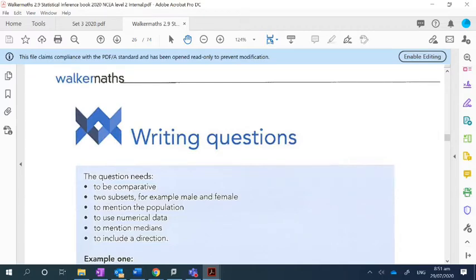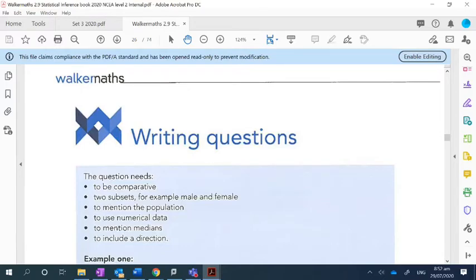Is that a number? Yes, that's a numerical comparison, right? You could use height. Why? Because it's a measurement. Use it with a number, right? Could you use scores? You bet, because those are number measurements. So that's what we mean by using numerical data.